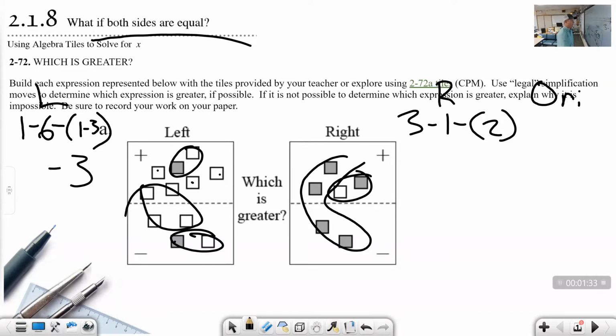Now I have 0 on the left, and I'm going to be left with a zero pair on the right. So I've done one step, and now I can go ahead and say that the left is less than the right. And after one step, guys, I can decide which is greater.